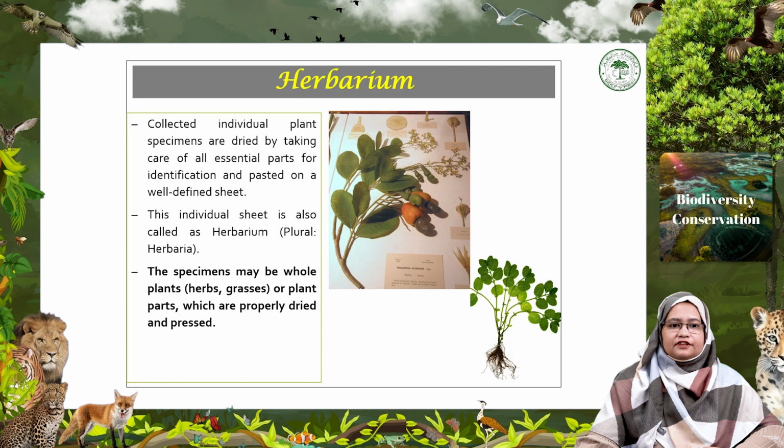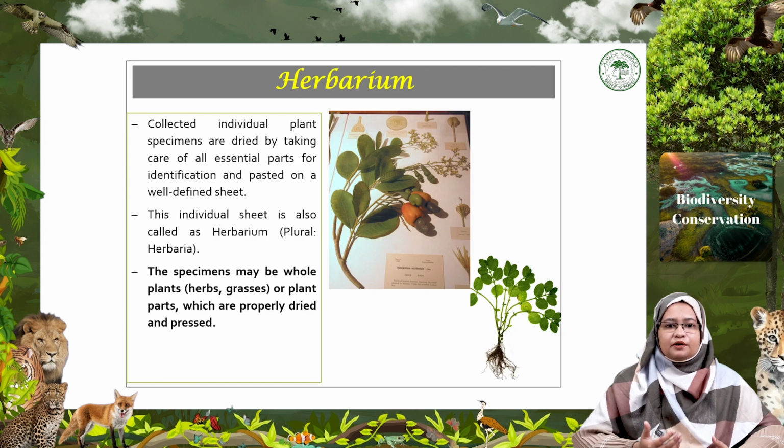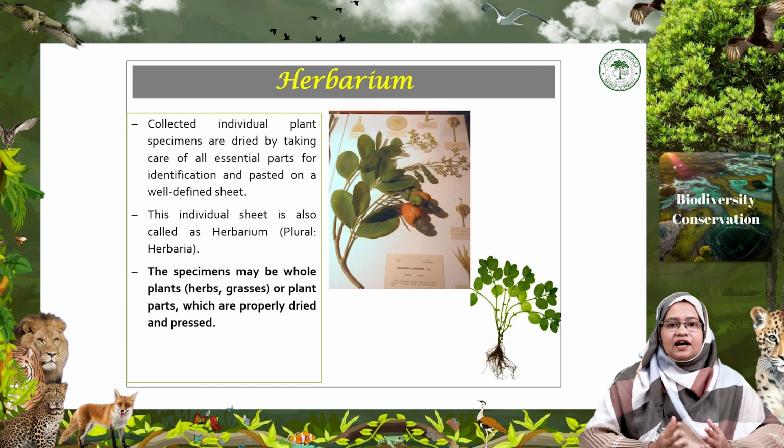For example, if a plant has a typical inflorescence and a specific type of fruit, we have to preserve each and every part of the plant that helps in its identification. After drying, the specimens are pasted onto a herbarium sheet, which in singular is called a herbarium and in plural herbaria.